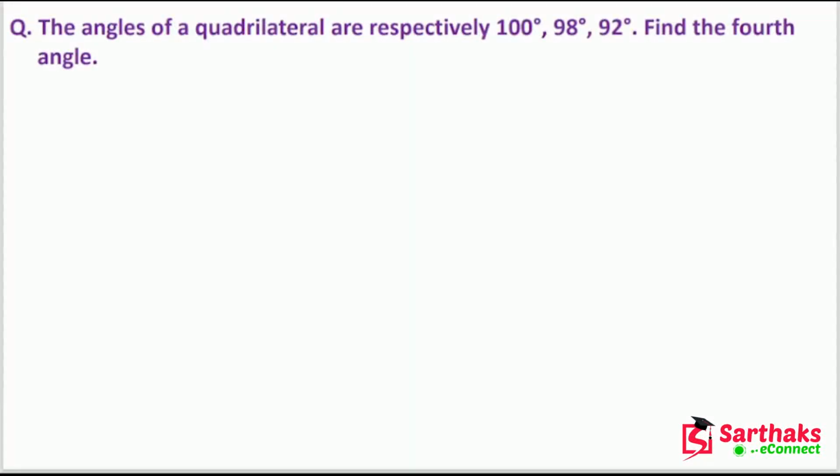Now let us have some questions regarding these concepts. The first question is, the angles of a quadrilateral are respectively 100 degrees, 98 degrees, 92 degrees. Find the fourth angle. So it is a very easy question.